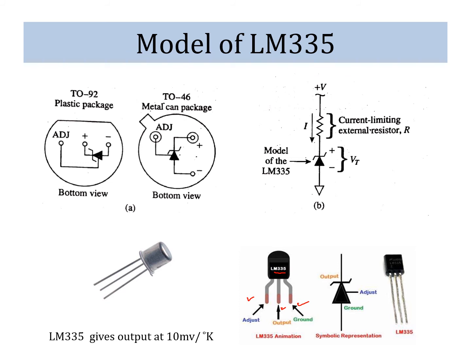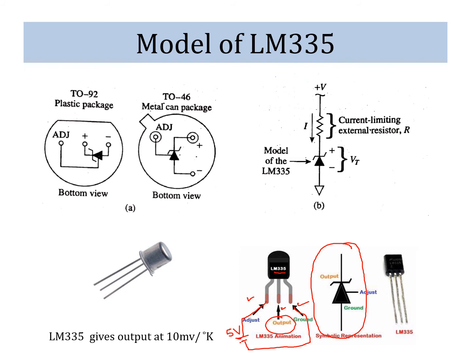This is the symbolic representation of the temperature sensor. Why is it shown as a Zener diode? Because whenever this temperature sensor is connected between ground and 5 volt, the adjustment means any voltage whatever we want to have, it may be 10 volt, 15 volt, but usually we keep this battery as 5 volt. So with a 5 volt battery, the output will directly correspond to the ambient temperature.